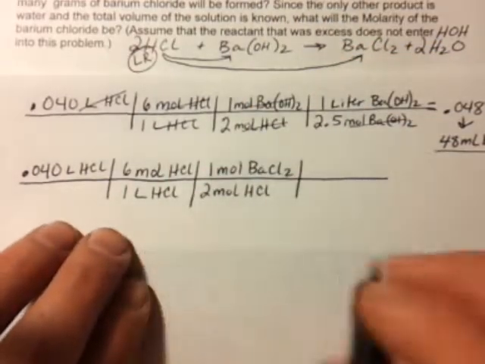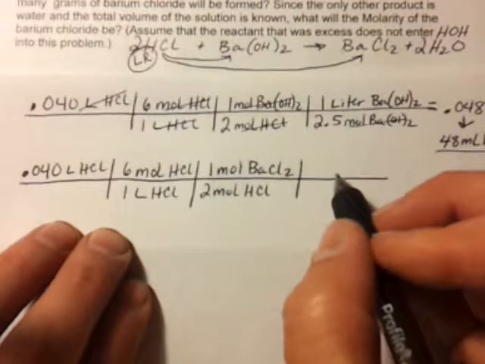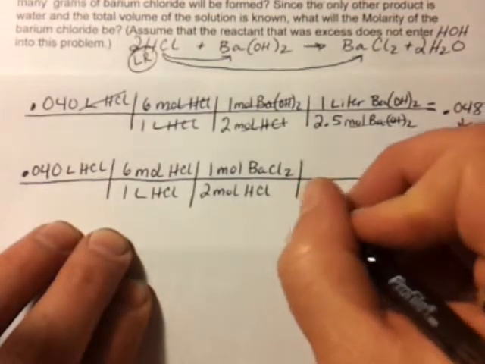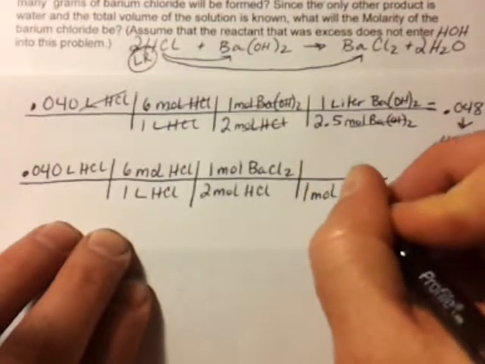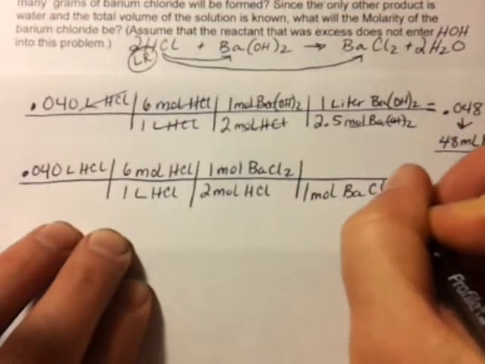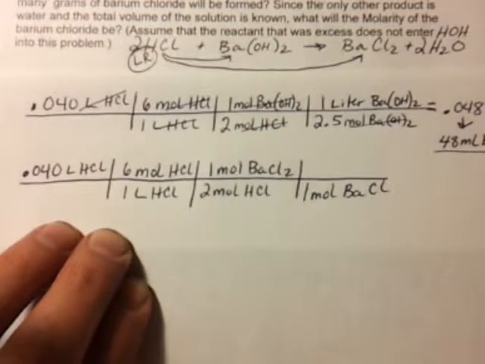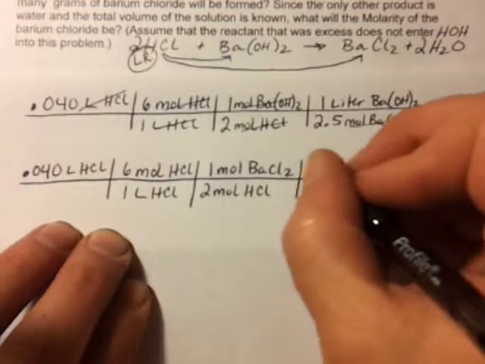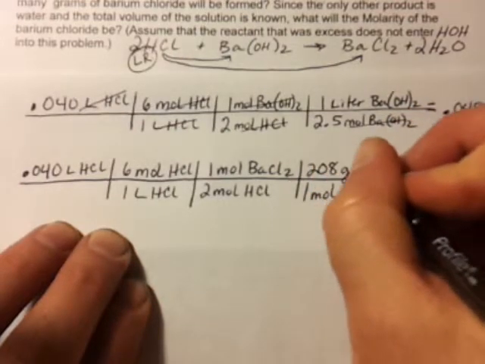So let's finish off finding out how many grams of barium chloride we have. Alright, 1 mole of barium chloride is 208 grams of barium chloride.